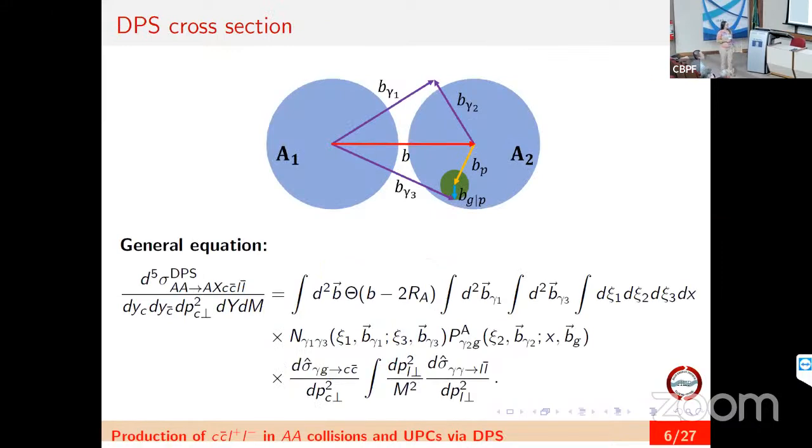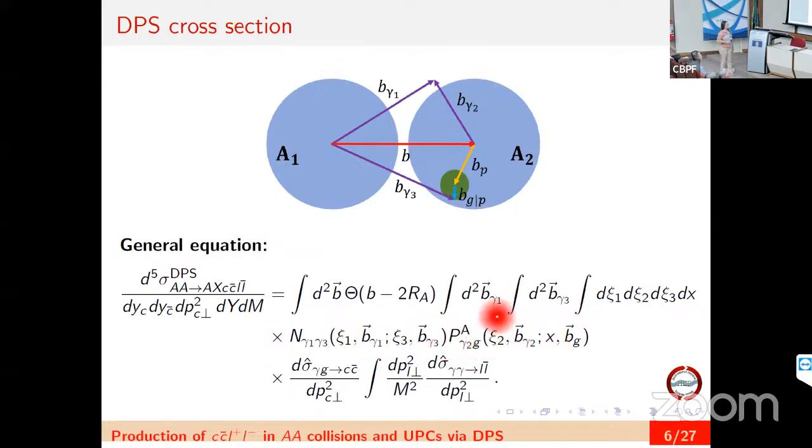So here is the general equation for double parton scattering. Let's see some of these ingredients. Here we have the photon flux, the flux of photons 1 and 3 coming from the projectile, with dependence on, of course, the energy fraction and the impact parameter of such photons.